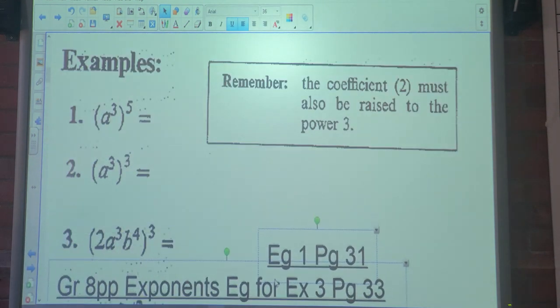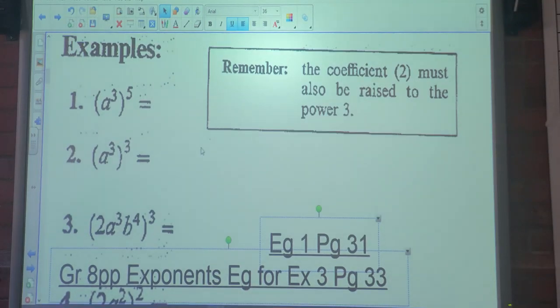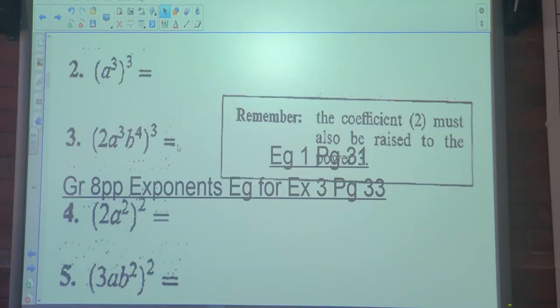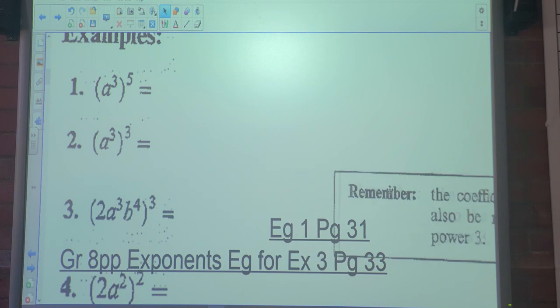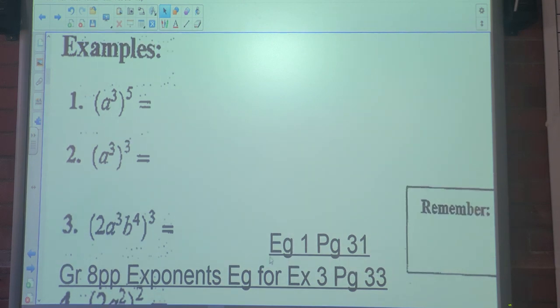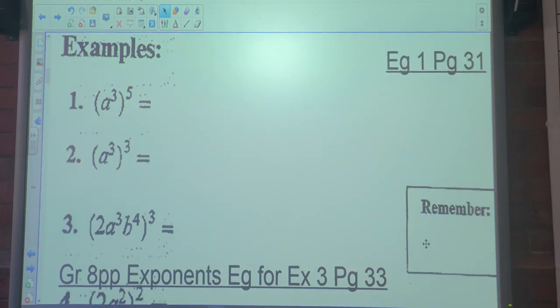So here are the examples dealing with this. In example 1, remember the coefficient 2 must also be raised to the exponent 3. This belongs with number 3. Here we've got a to the exponent 3 raised to the exponent 5.